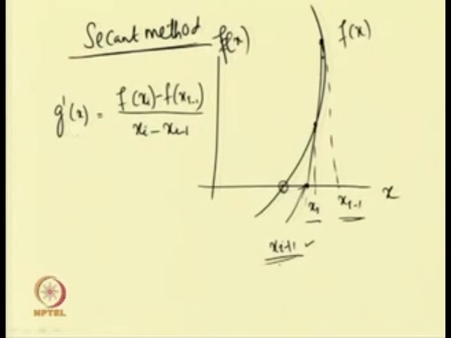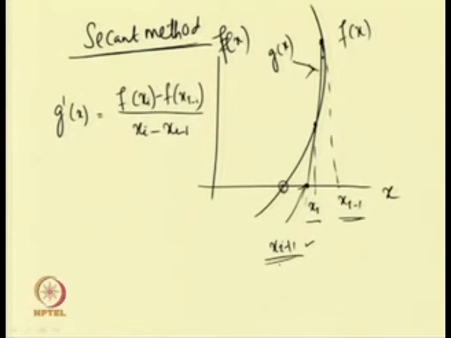So, let us first find. We have approximated this by this line g x with these 2 points. Then this g dash x, the slope of that straight line, can be obtained from this equation, that is g dash x equal to f x I minus f x I minus 1 by x I minus x I minus 1.